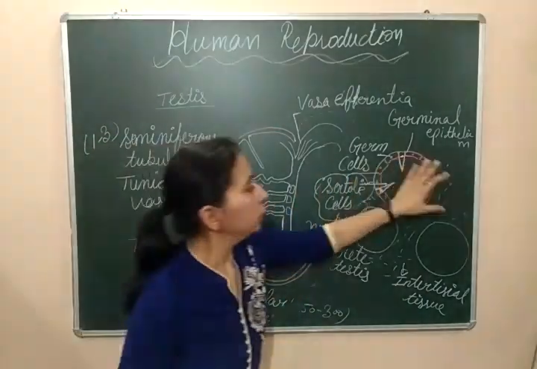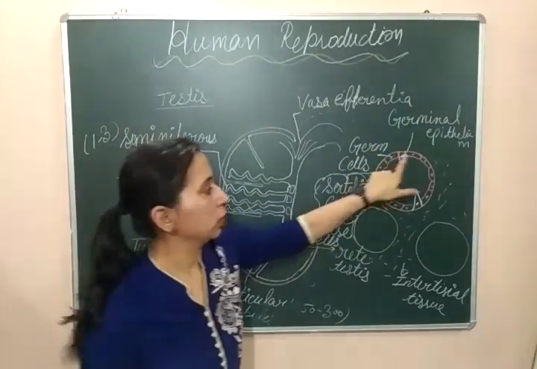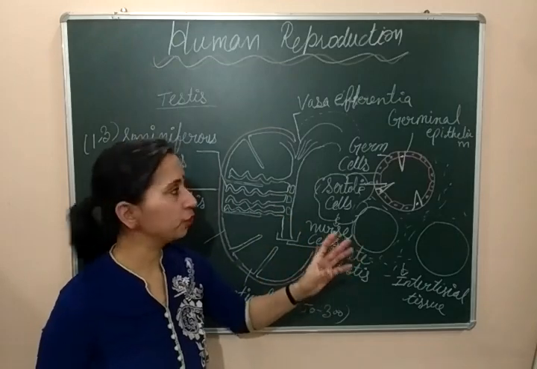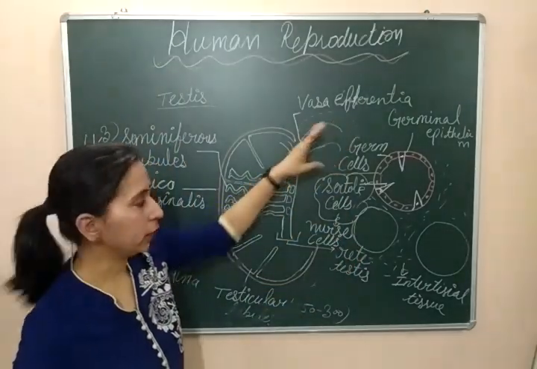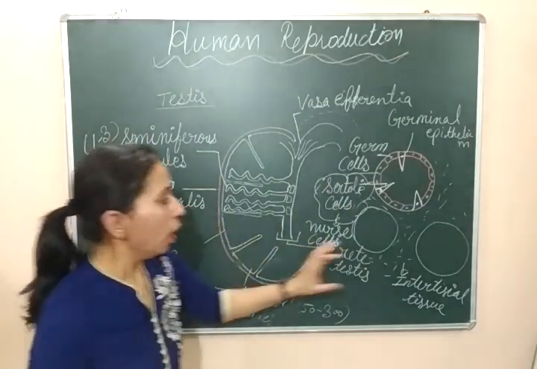So this is about the germinal epithelium, by which the seminiferous tubules are lined. It has two types of cells. One, germ cells, and the second type of cells are Sertoli cells or nurse cells.